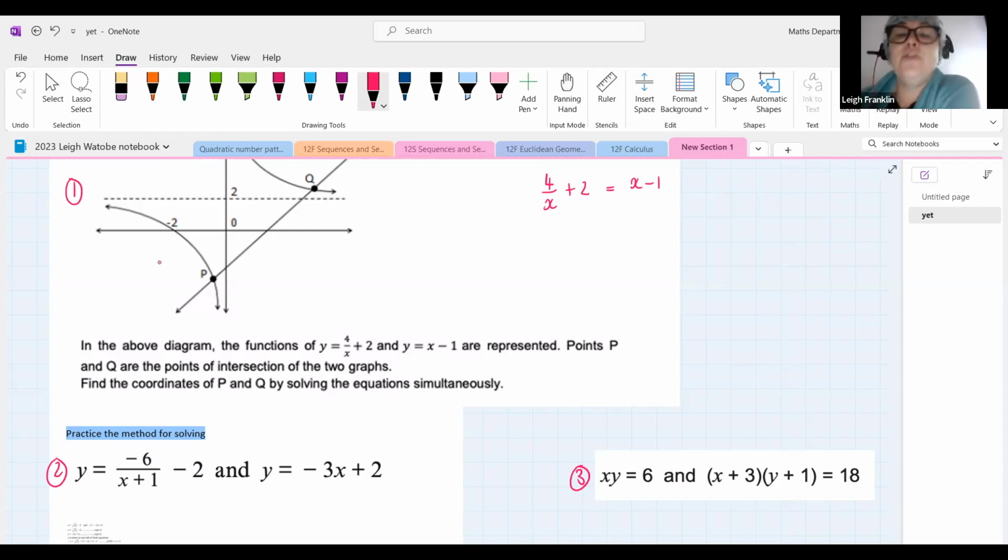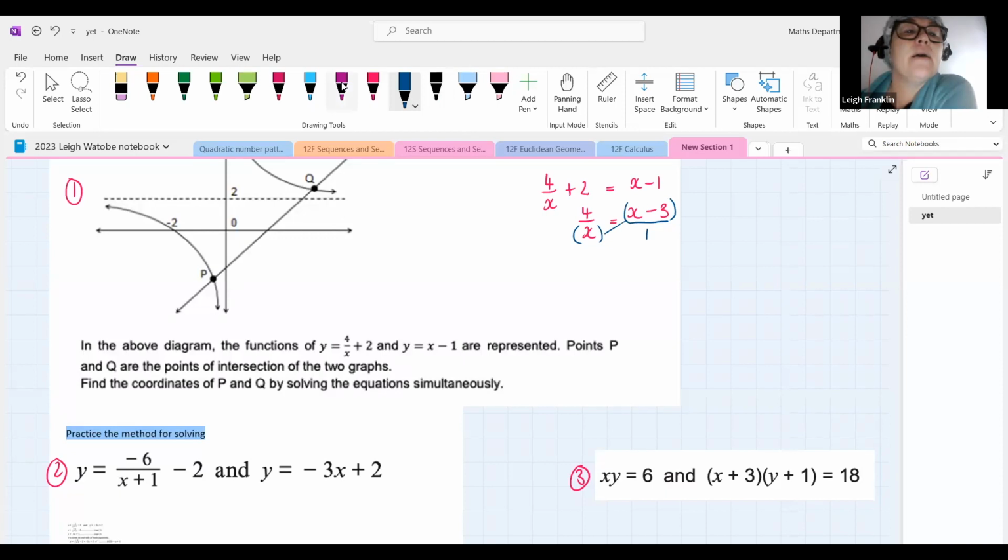The easiest thing for you to do would have been to take this minus 2 over to the other side so that you can cross multiply. This would leave you with 4 over x is equal to x minus 3, because we would have taken 2 away from both sides. This is over 1.